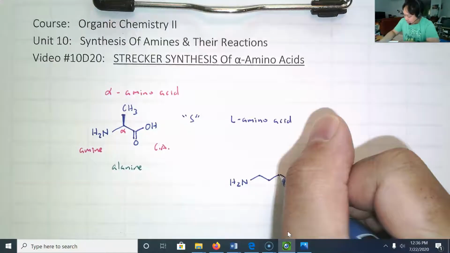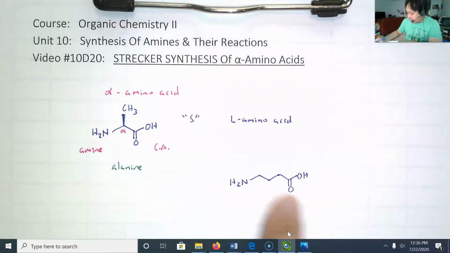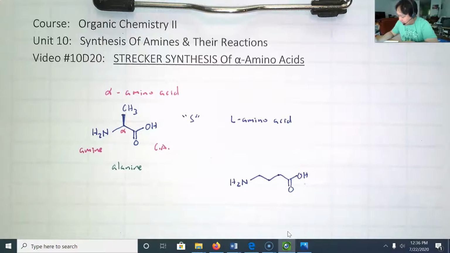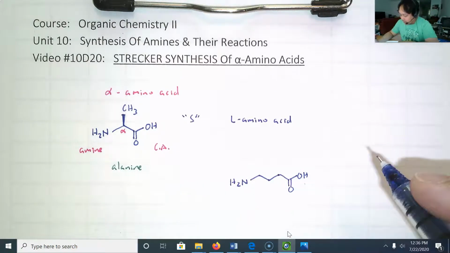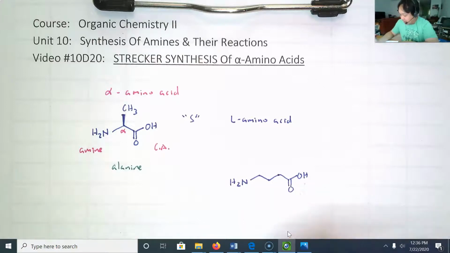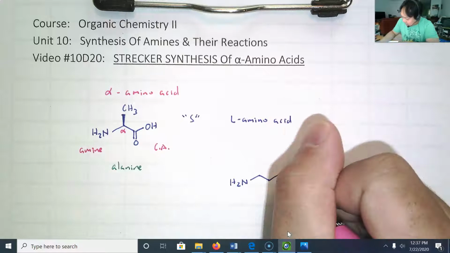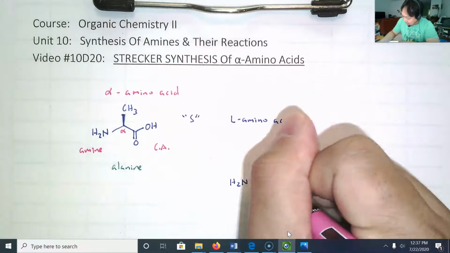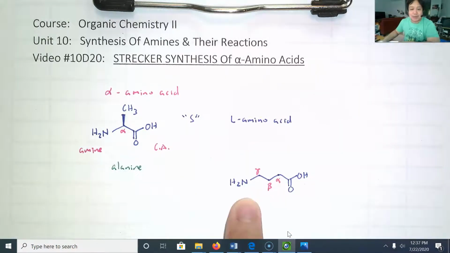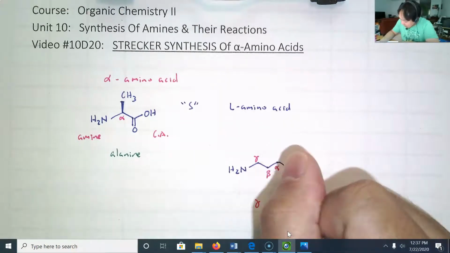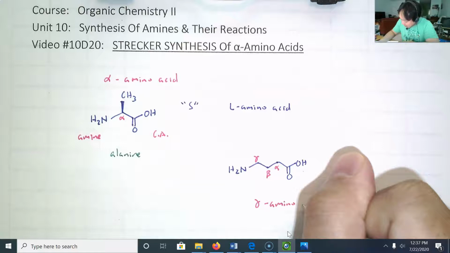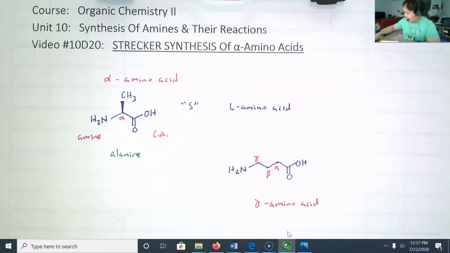I actually don't know which carbon the R group would be for very simple. Did I do beta? Alpha, oops, gamma. That's a gamma amino acid. This was a bit fortuitous.